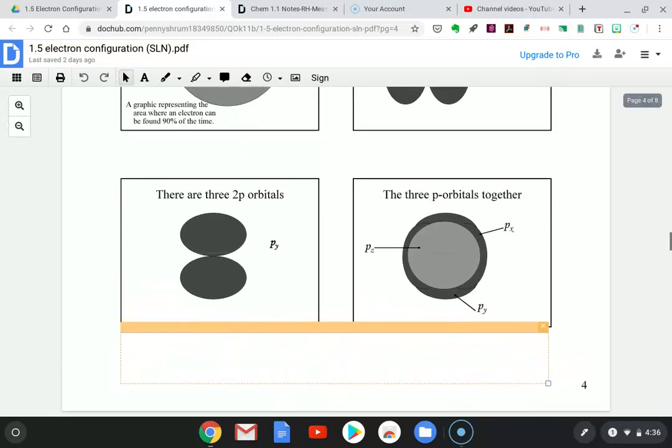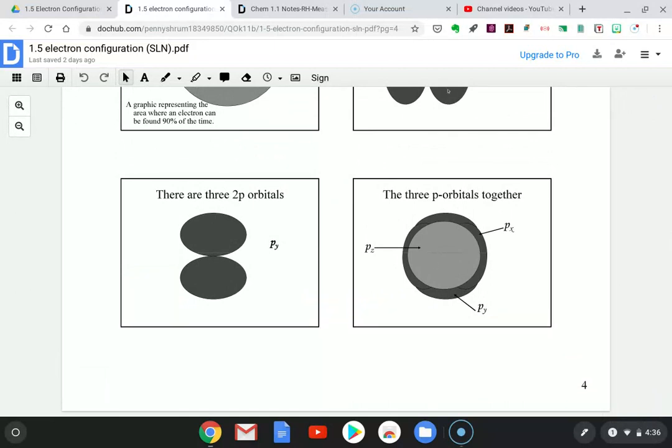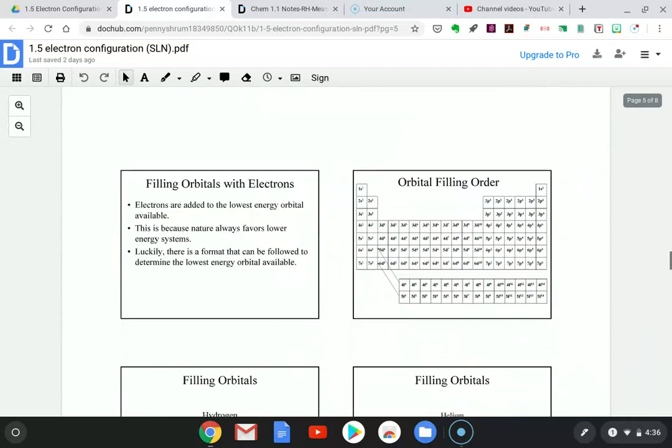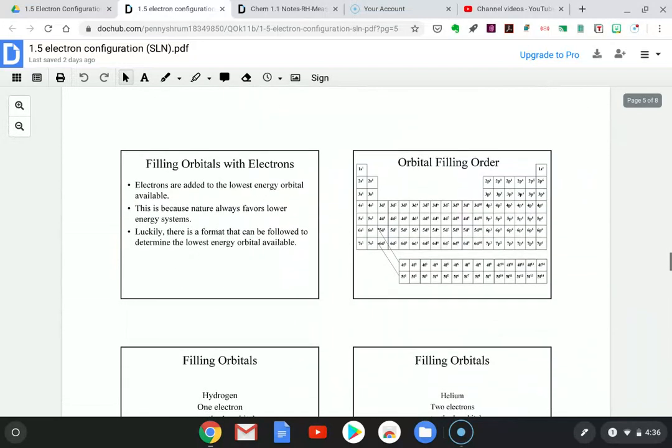If you can picture balloons, two balloons side by side, one coming up above and one going down below, and then one coming towards you and one going backwards. We'll try and show you that visual again on Monday.